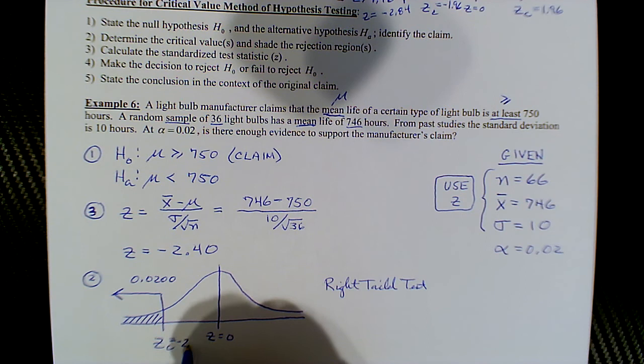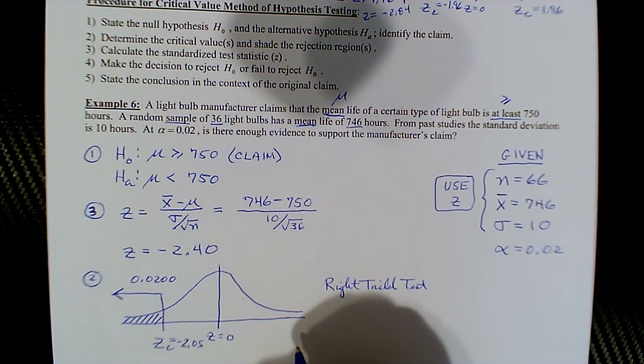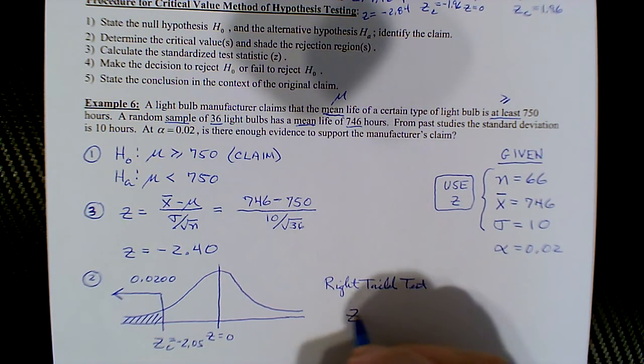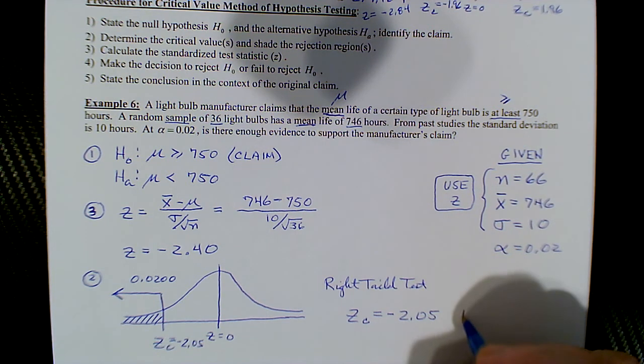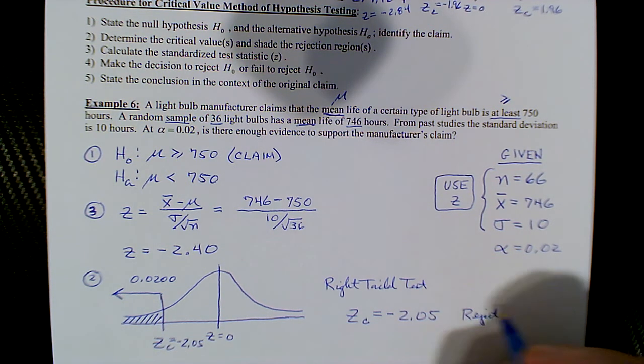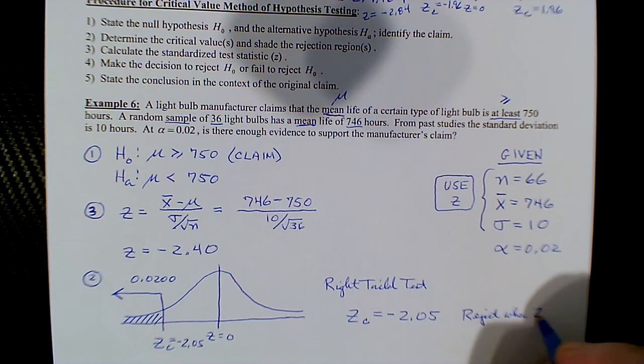And you could say reject when Z is less than negative 2.05. And we already calculated our test statistic. Negative 2.4 is in the rejection region.